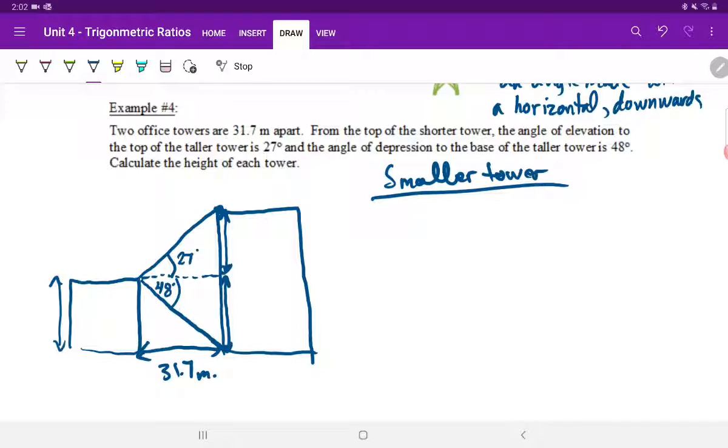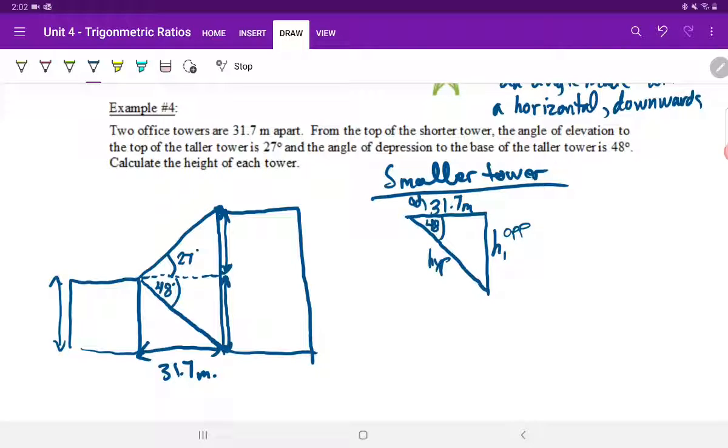So it's the 48 degree. This was given to us as 31.7 meters. And this is, let's call it H1. Okay, height 1. It doesn't matter what you call it there. Based on our angle of reference, let's label opposite, adjacent, hypotenuse.